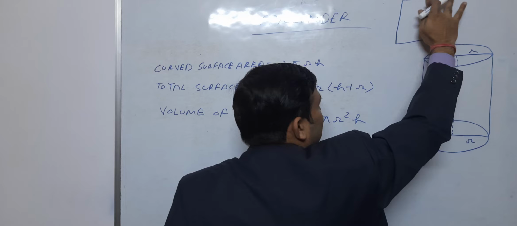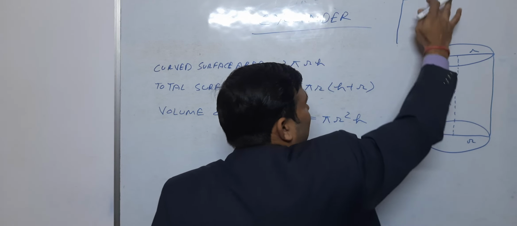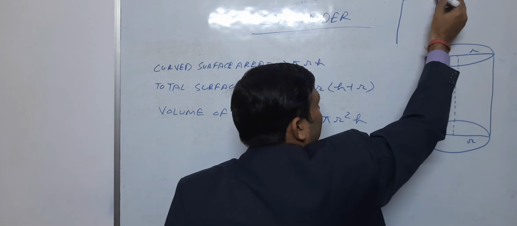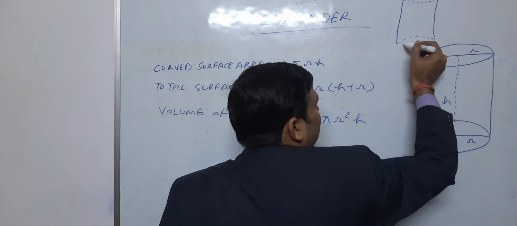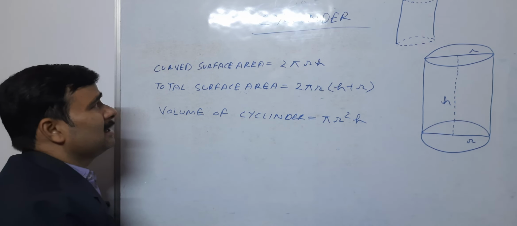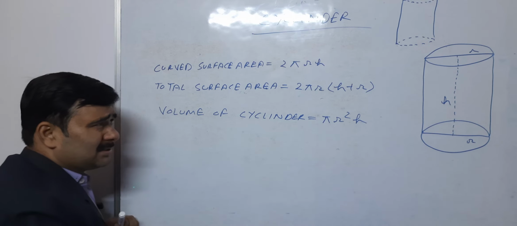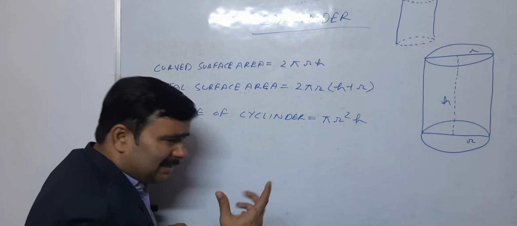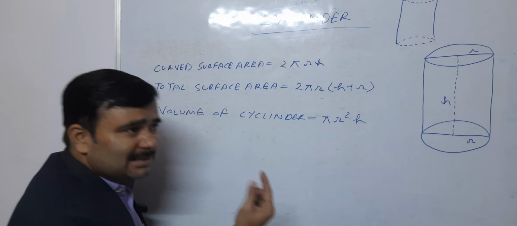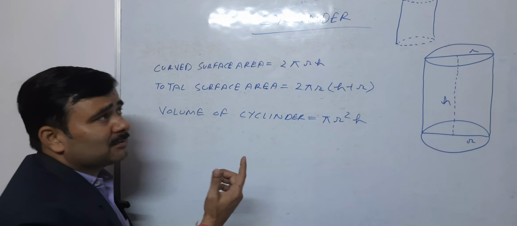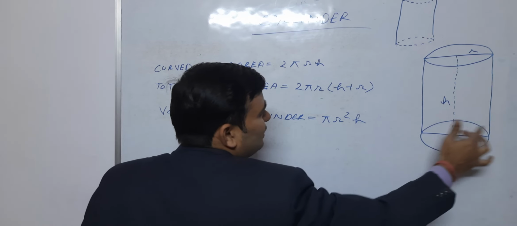The upper circle and the lower circle will not be included in the curved surface area, because the pipe's lower and upper areas are circular in shape, not exactly covered by a curved surface. That's why we leave over this part. We will only include this portion.